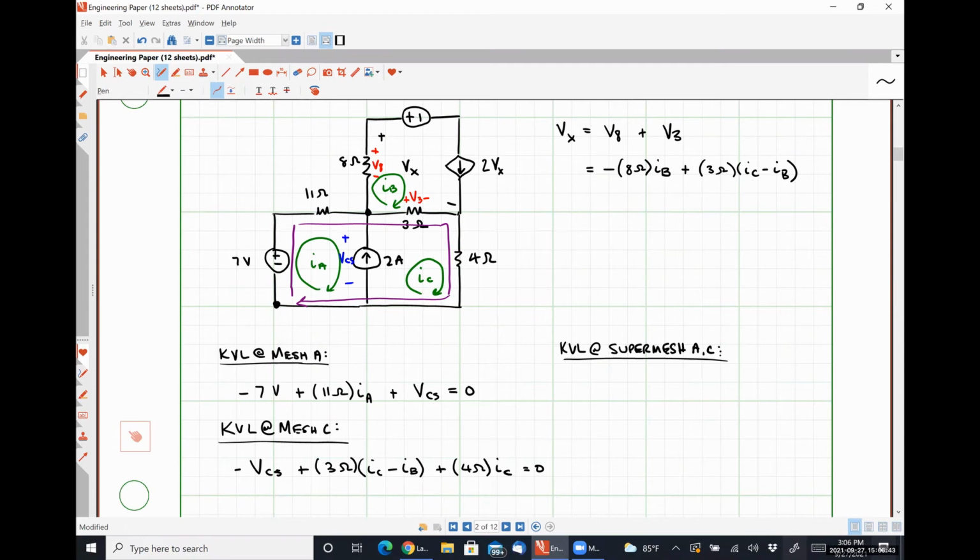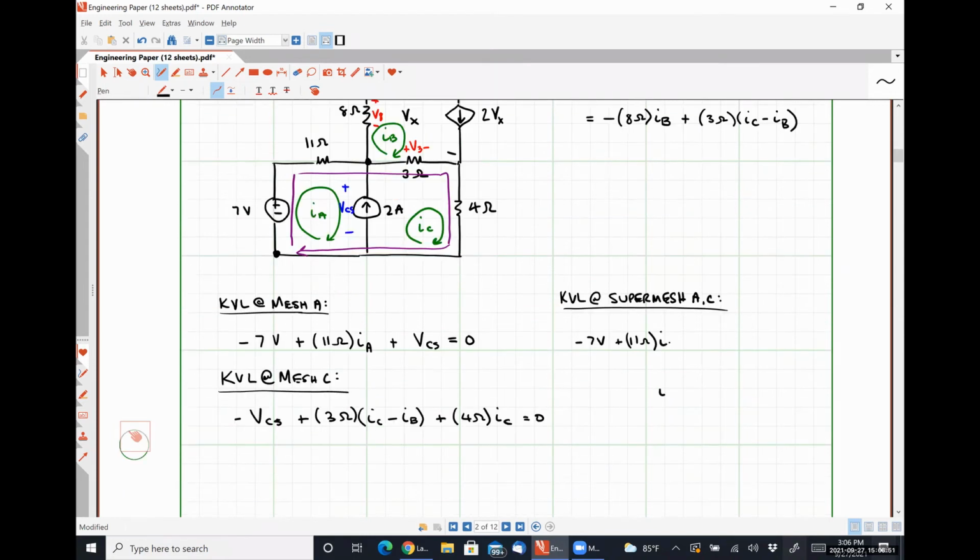And what I get is -7 volts plus 11 ohms IA plus 3 ohms, IC minus IB plus 4 ohms, IC is equal to 0.